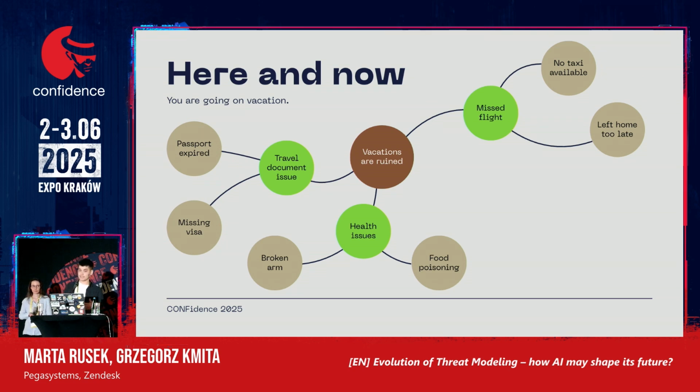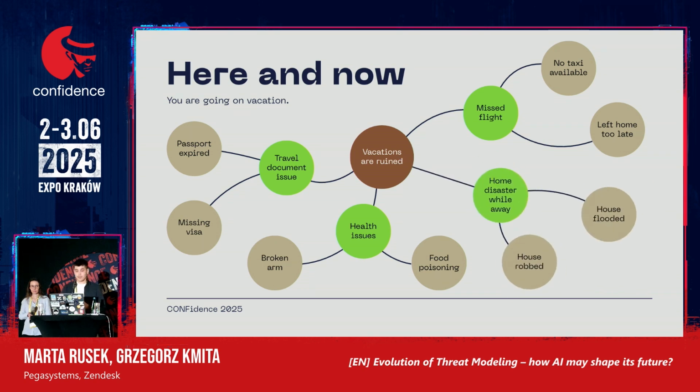You won't have visa or your passport has expired. So you check before that, okay, my passport is valid for another 2 years, I'm safe to go. Or there is no visa required. And eventually, maybe something will happen to your home while you are away. So maybe your house will be flooded or will be robbed. So you take an insurance or you ask your neighbors to watch your flat.